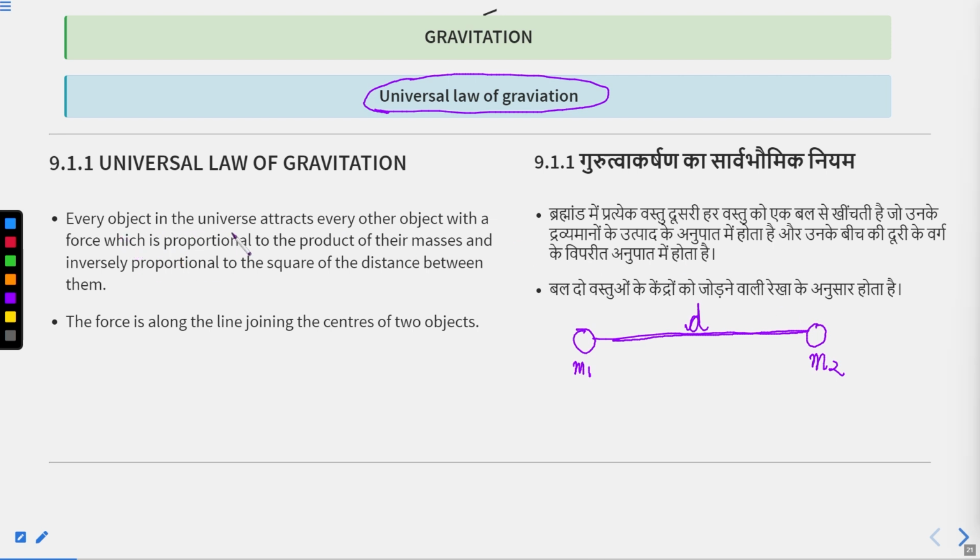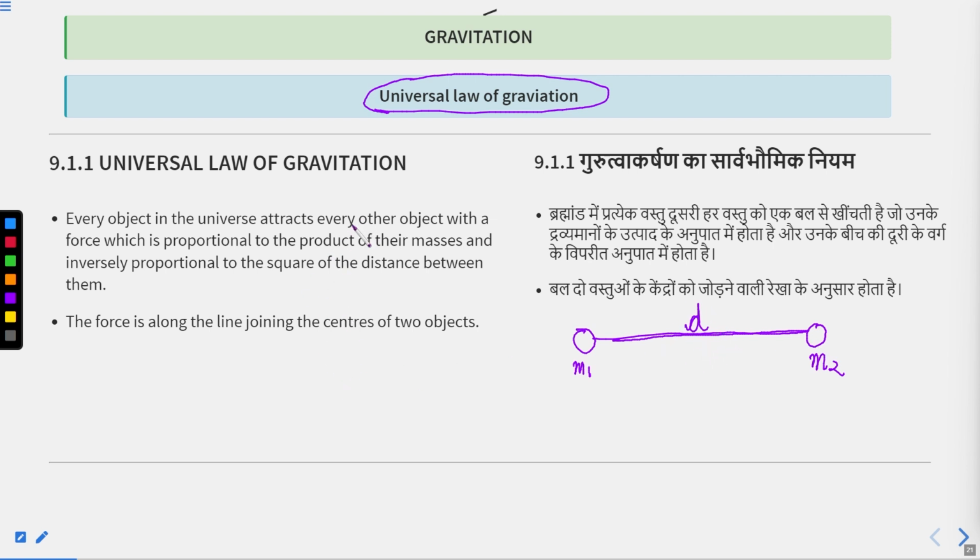Every object in the universe attracts each other object with a force, and we are trying to find out that force. So we have assumed two objects, one has mass m1 and the other has mass m2, and both these objects are separated by a distance d.